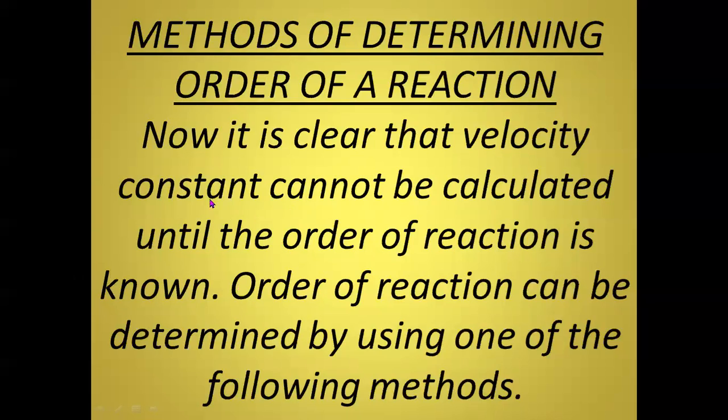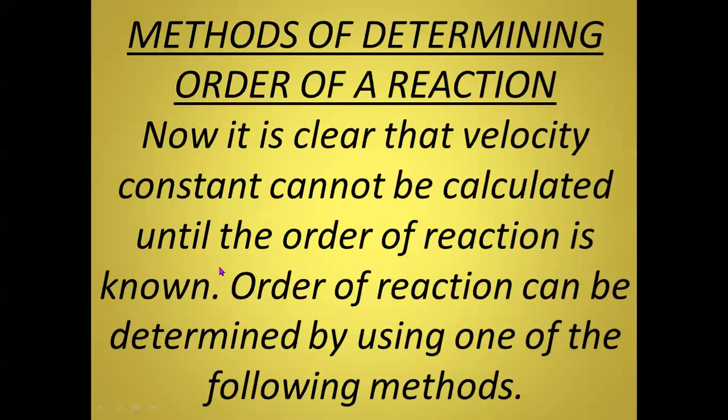For every different type of order of reaction, we have different equation. Therefore, the velocity constant or rate constant cannot be calculated until the order of reaction is fixed. Means we know by which order the reaction will proceed. Order of reaction can be determined by using one of the following methods.